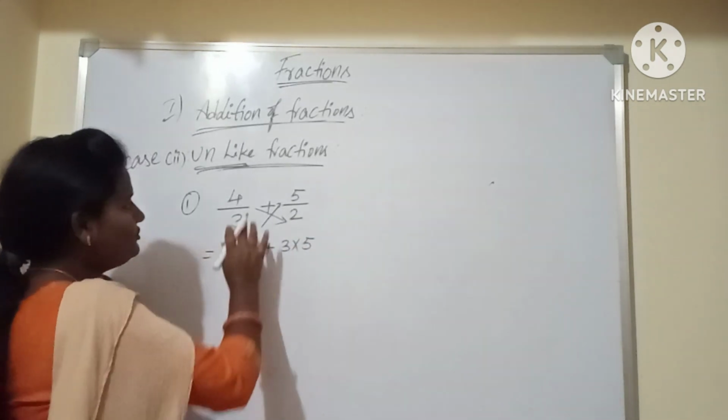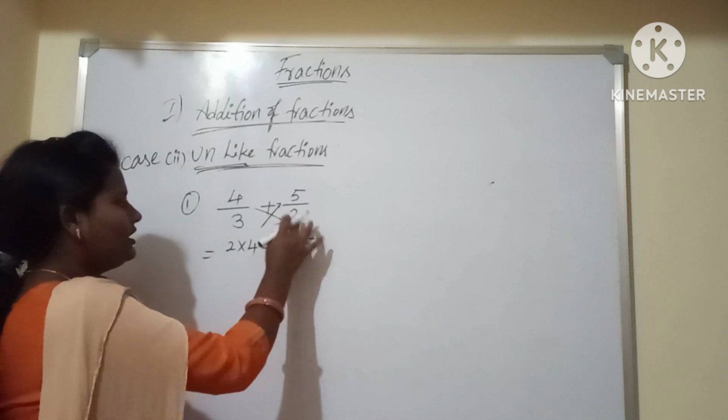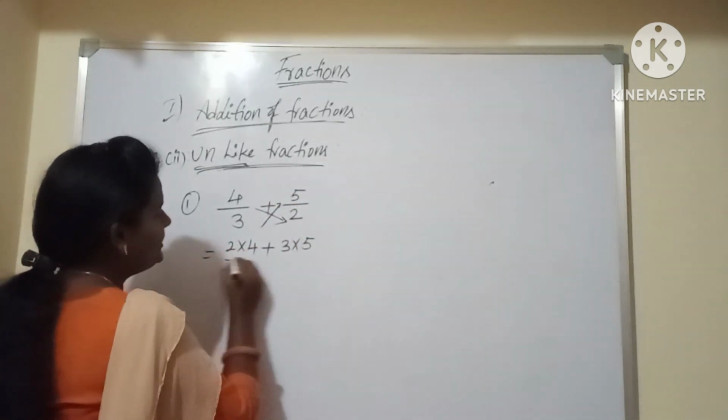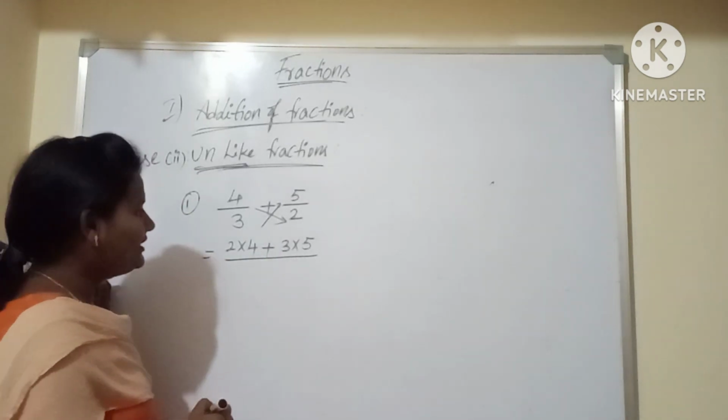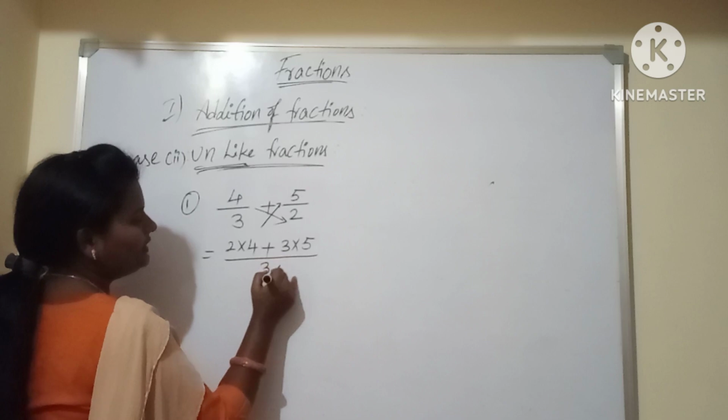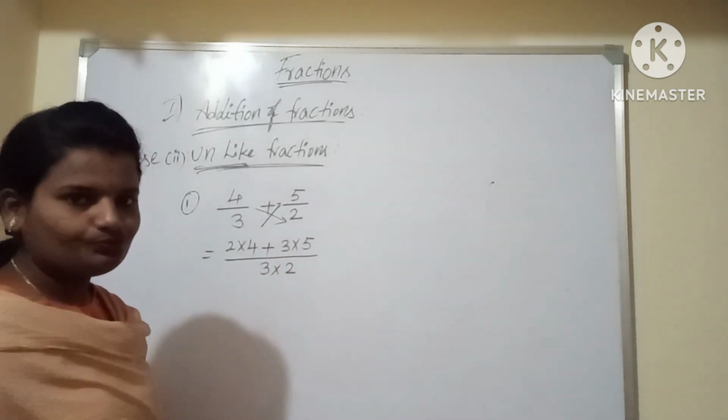So 4 into 2, or else 2 into 4, plus 3 into 5, divided by the denominators multiplied directly, 3 into 2.